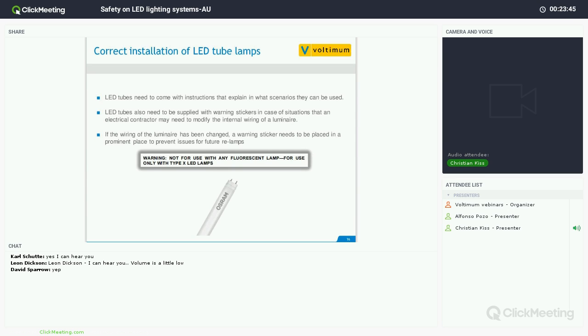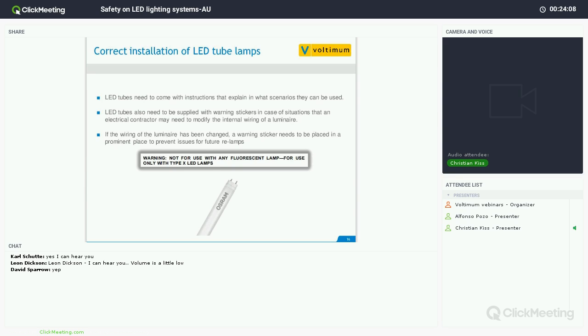They're only compatible with the magnetic ones and the starter. So if the contractor wanted to, they could rewire the fitting with direct 240, they could potentially do that. And I'll go into a bit more detail on the next slide on that. But basically, the instructions need to be provided for how the alternate methods can be done.